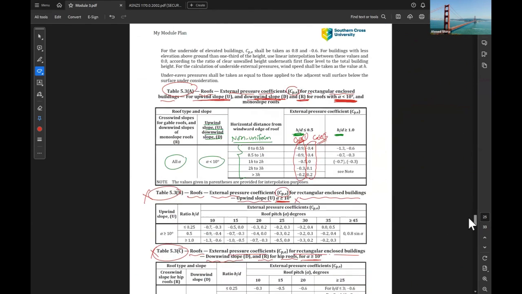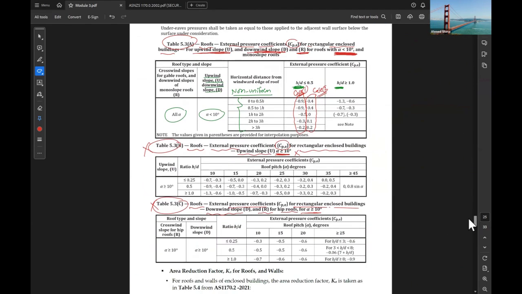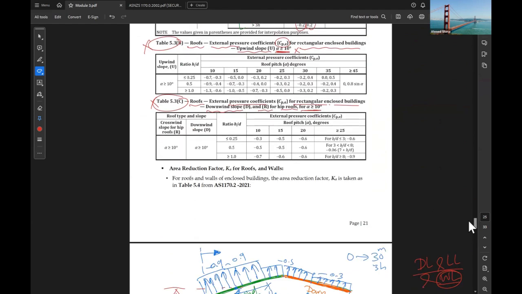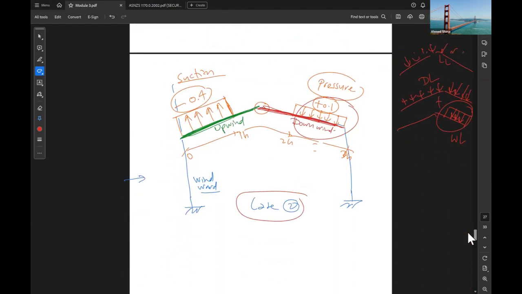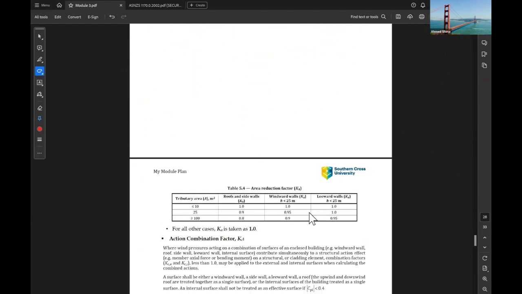Okay, so this is the factors CBE for the roof and the walls. Do you have any question for the wind factor or the CBE factor for the wall and roof?